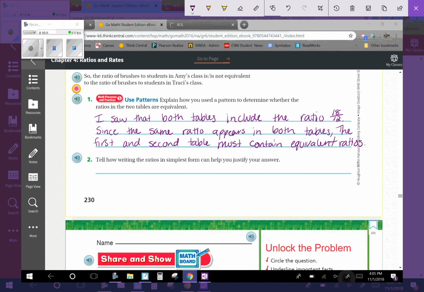So again, I saw that both tables included the same ratio, 18 to 12. Since the same ratio appears in both tables, the first and second table must contain equivalent ratios.